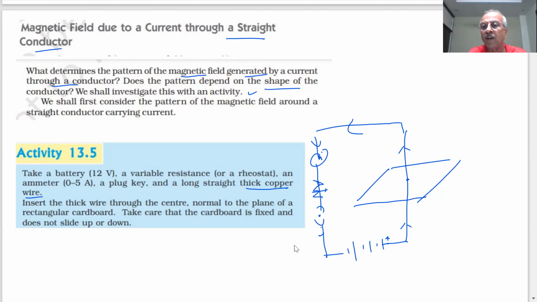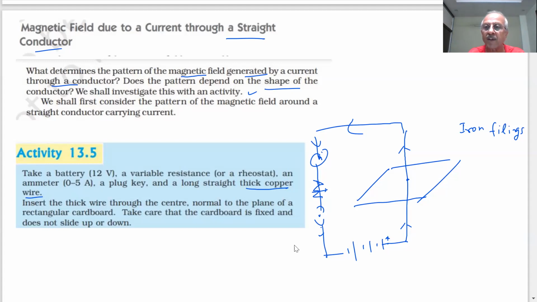What we can do is take some iron filings, put the iron filings here and tap it. When current flows, what will happen?